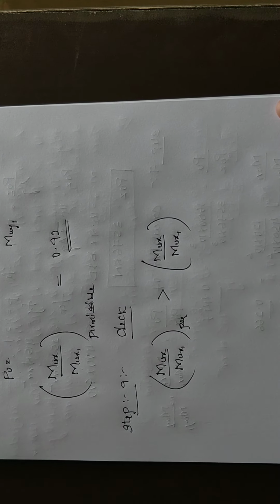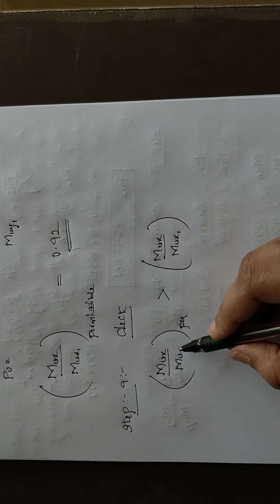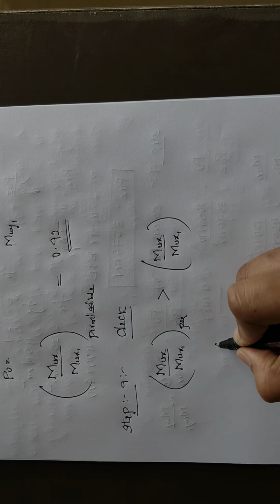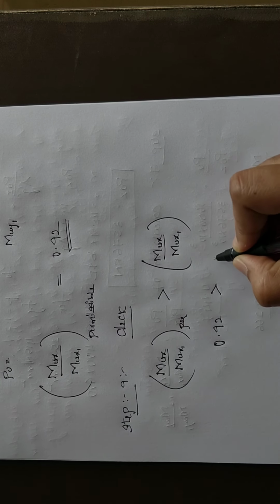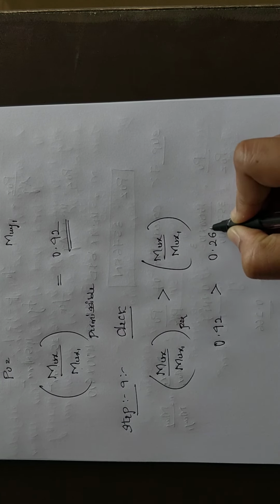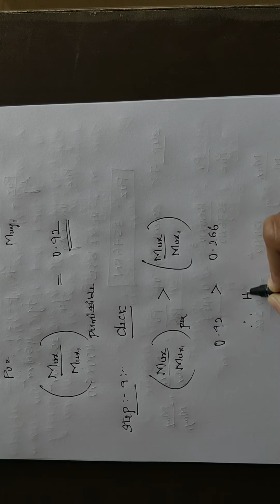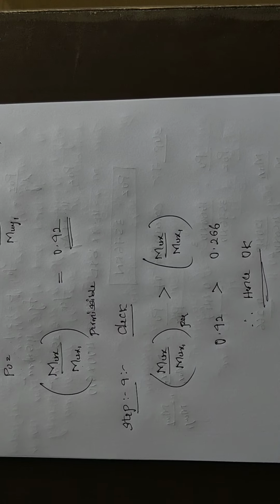MUX by MUX1 permissible is 0.92. That value is greater than MUX by MUX1, which is 0.266. Hence it is safe.